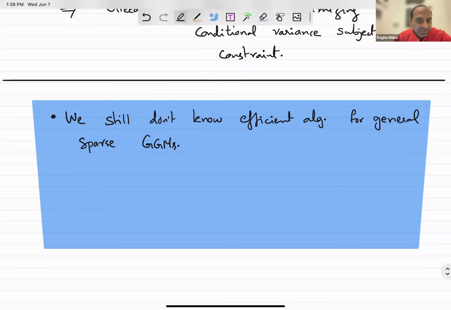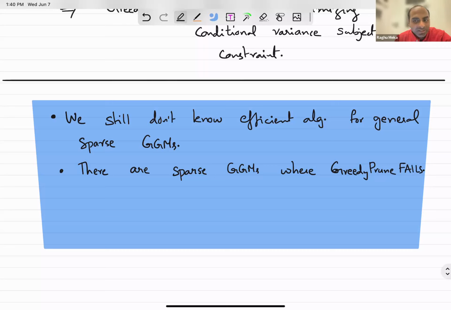Like, the greedy algorithm works for attractive GGMs. It's known to work for other classes of GGMs too, but there are sparse GGMs where greedy prune fails.